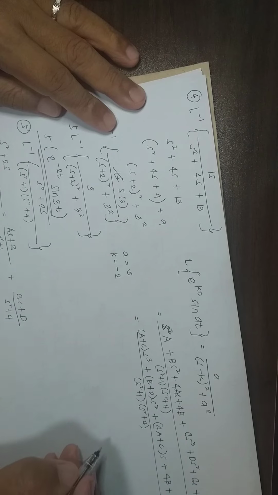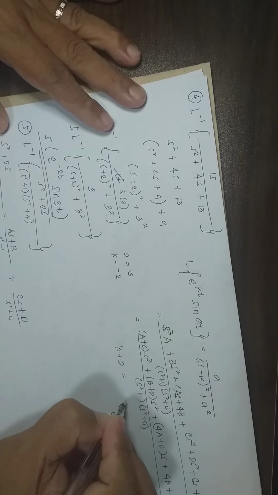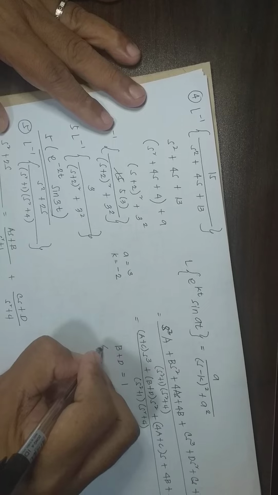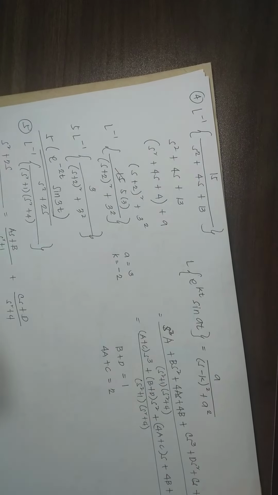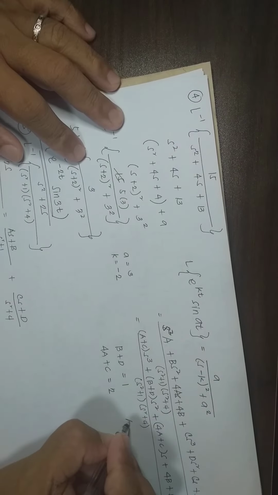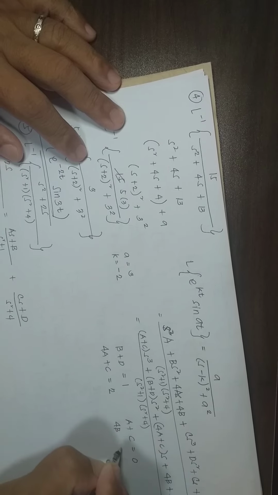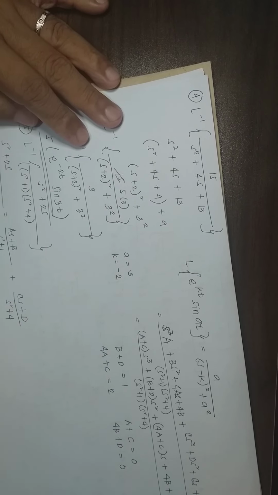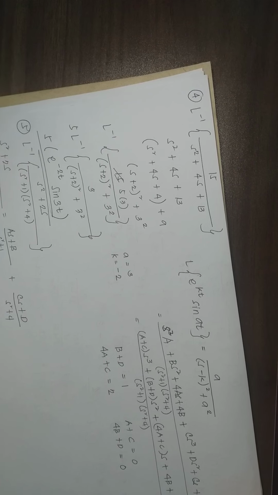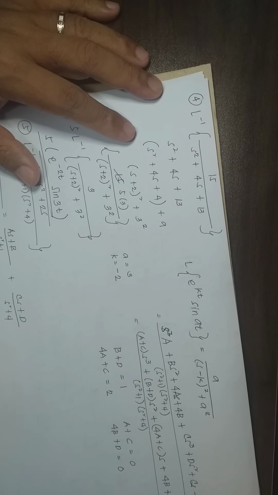we have b plus d is equal to 1, 4a plus c is equal to 2, a plus c is equal to 0, and 4b plus d is equal to 0 also, because we have no constant on the left. Now, a is equal to negative c.